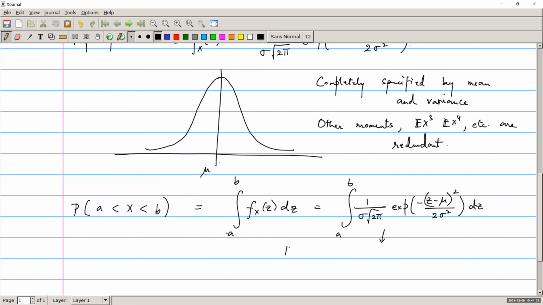But there's no closed form analytically.